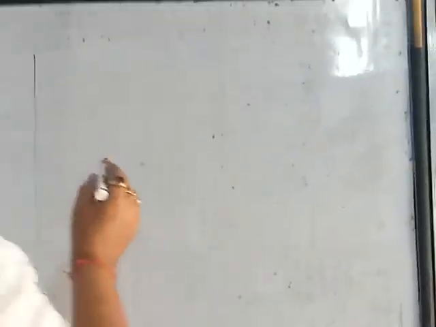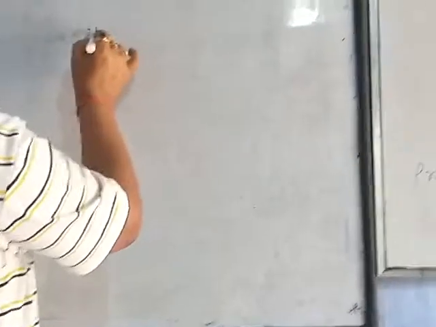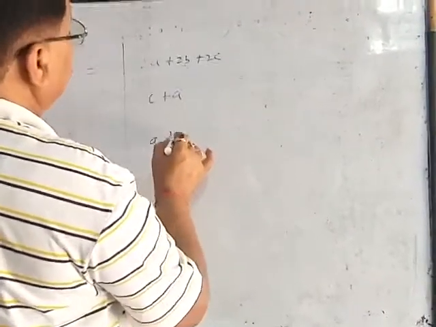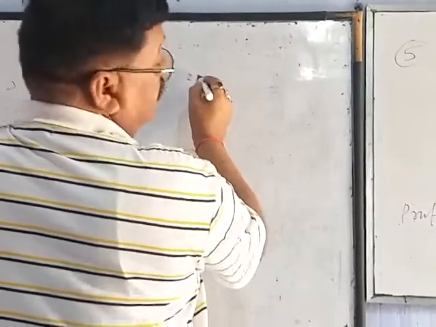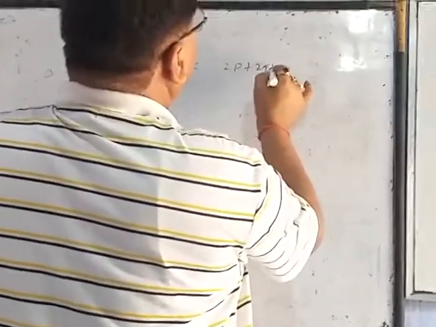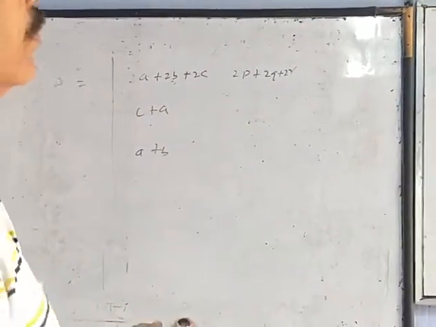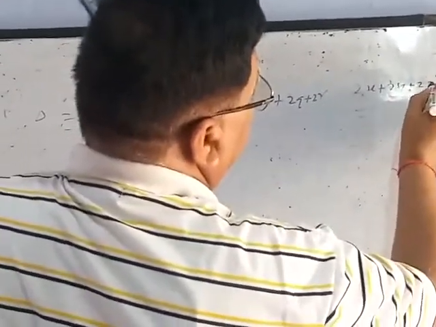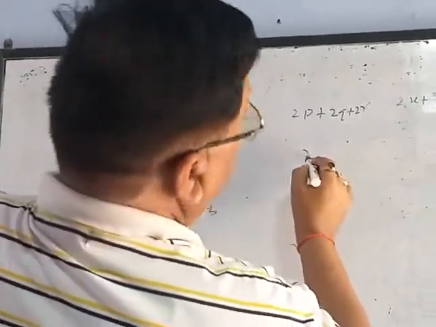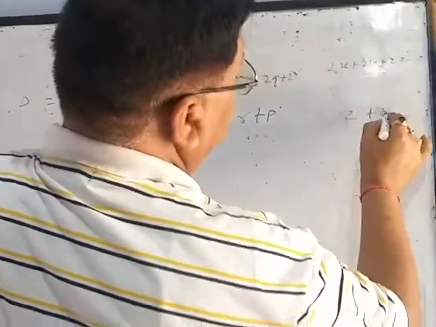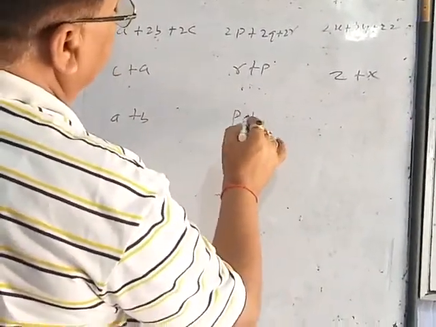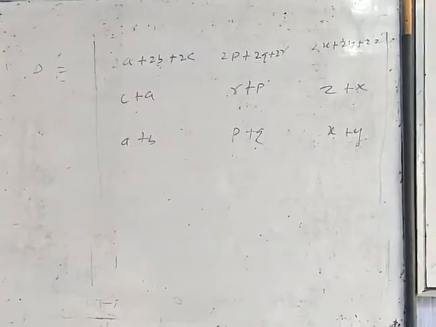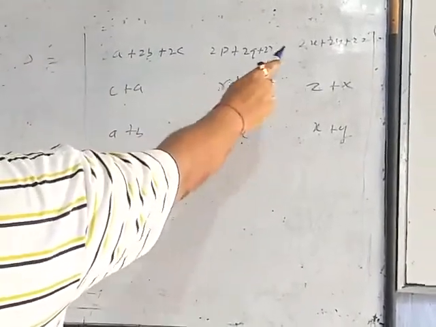So after this operation we are getting the determinant. It is 2A plus 2B plus 2C, and 2P, 2Q, 2R in the first row, second element, and third row 2X, 2Y, 2Z, and it will be R plus P and Z plus X, A plus B, P plus Q, and X plus Y. So by this operation, we see that here we can take 2 common.